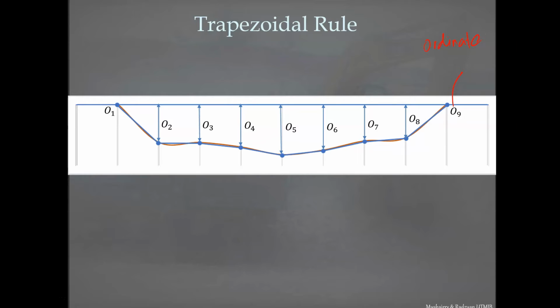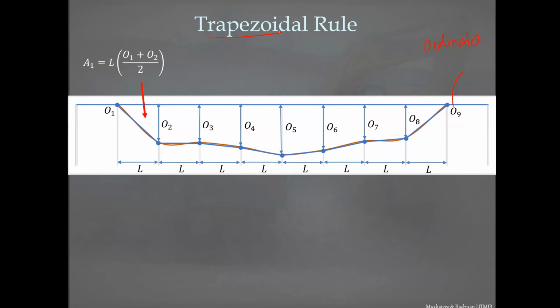O is the ordinate, ordinate 1 to ordinate 9, so that simply gives the distance from the regular boundary line to the irregular boundary. So if they are given as O1 to O9, in this case I divided the area into 8 strips or 9 ordinates, and the distance between those strips is L throughout, and I can simply calculate the area of the first strip by applying the trapezoidal rule.